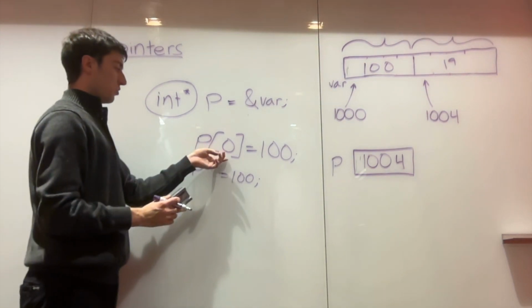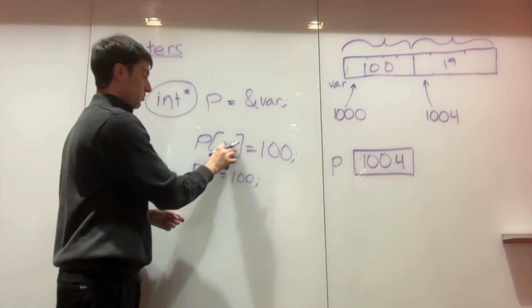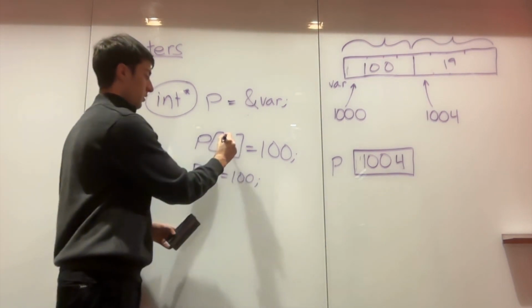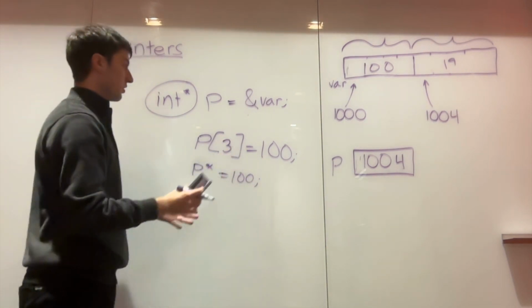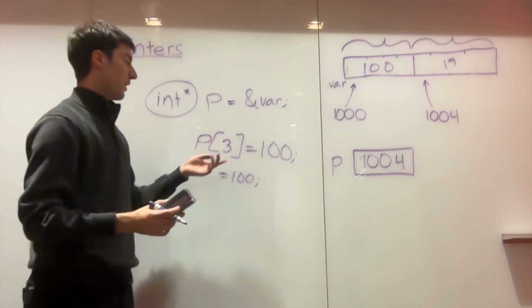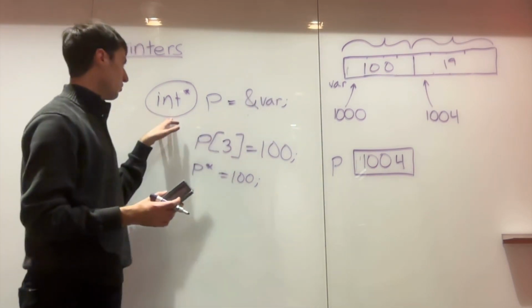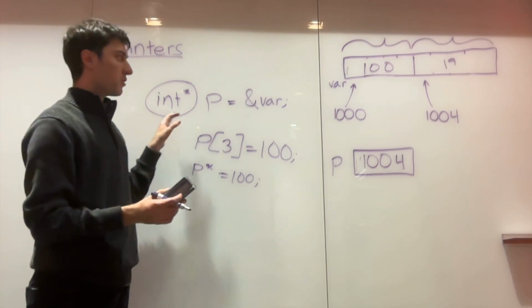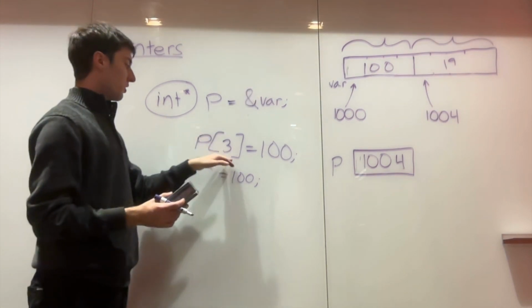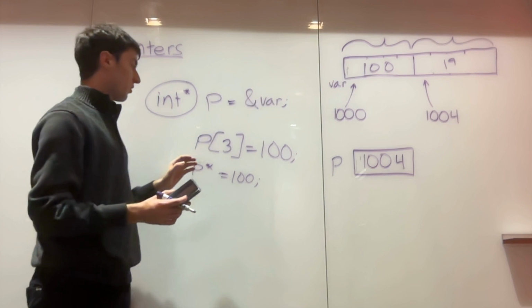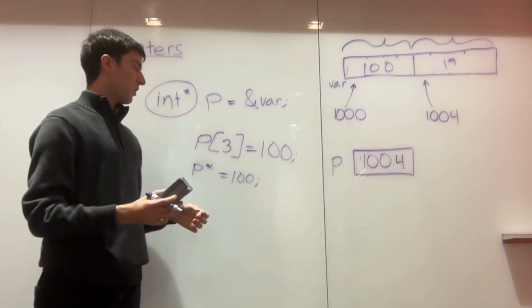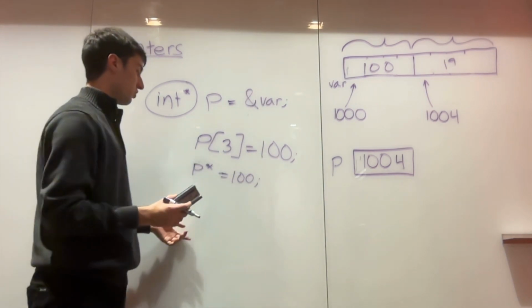And now you have to remember that you can also just do this of 3. You can just index it to the third one, and it will automatically get the third index, okay, because it knows how many bytes to move over. So you can get the third index, it'll move over to the third index, and then assign 100 to that memory location.